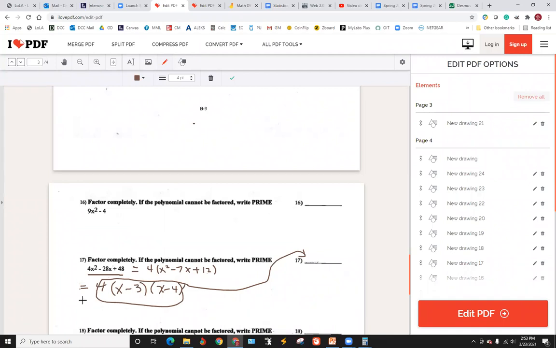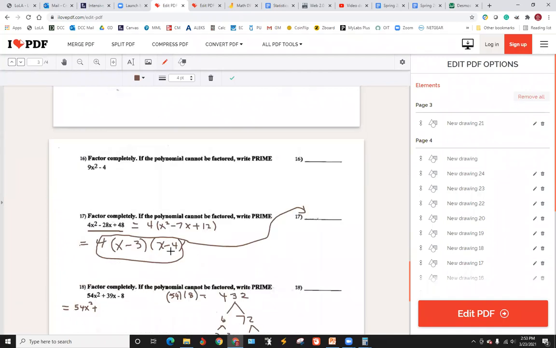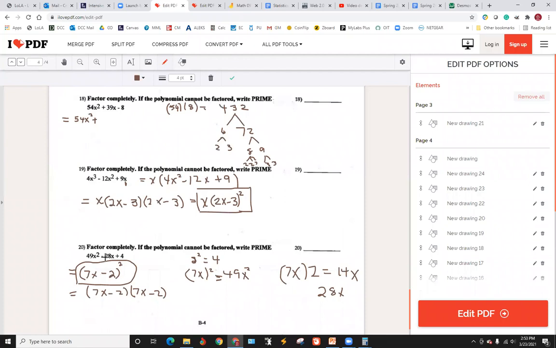All right. Now this one again, it's very much akin to each of these. They were perfect squares, but you remember what you have here is a perfect square.